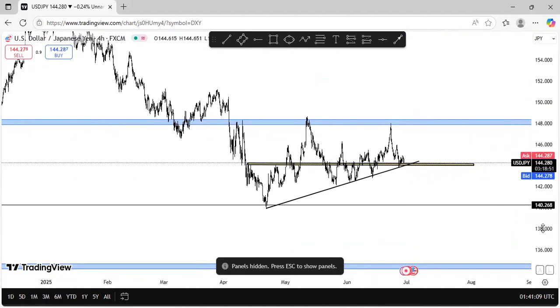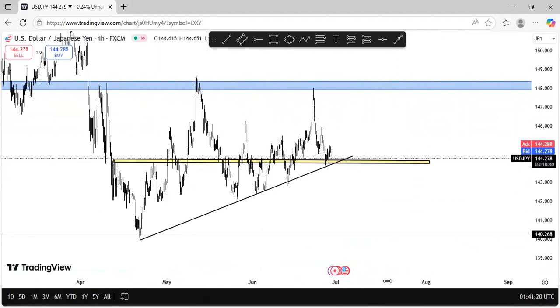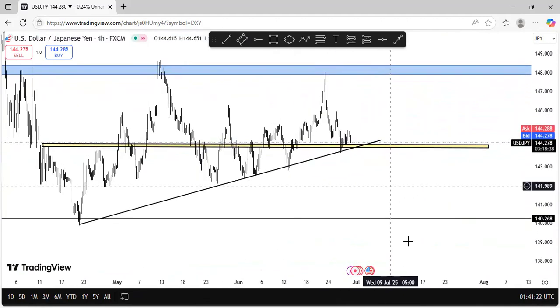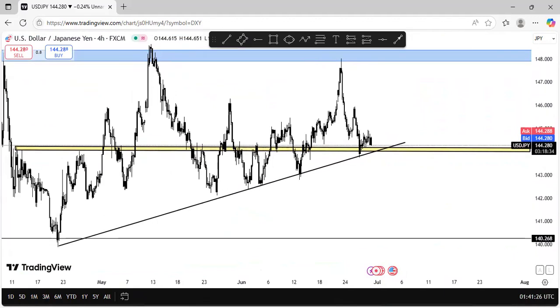I'm waiting for the USD JPY to break this level. If we break and stay below this level, I'll be looking for entries, and I'm going to hold this trade till this point here.